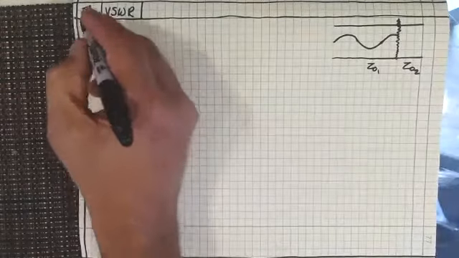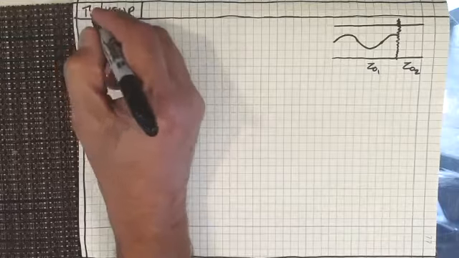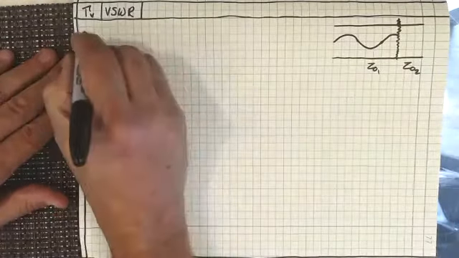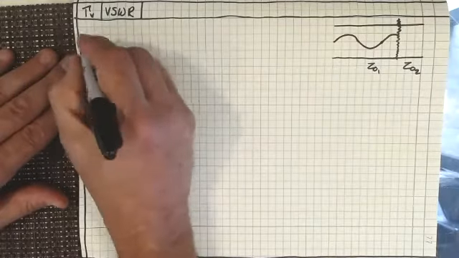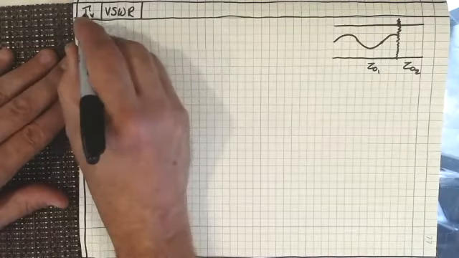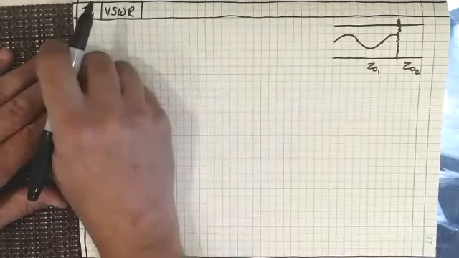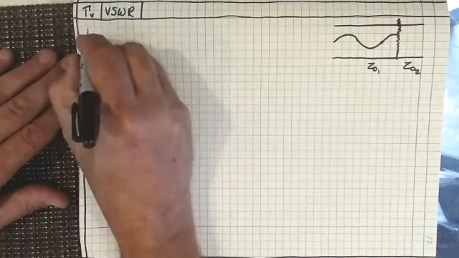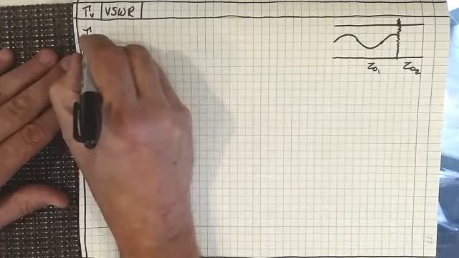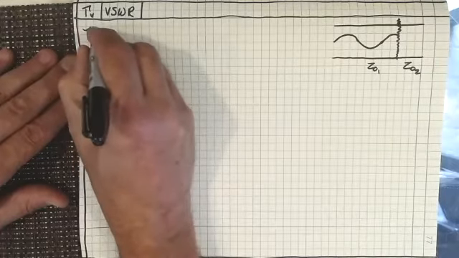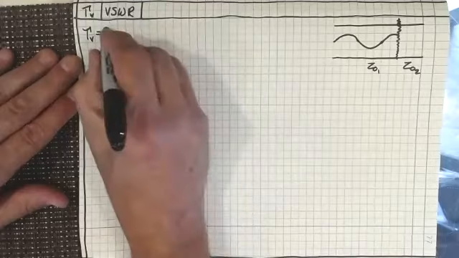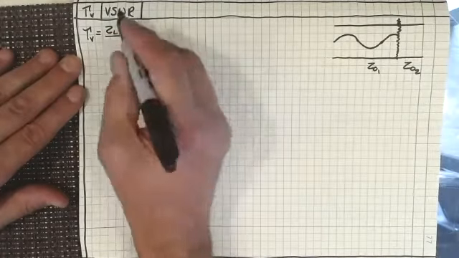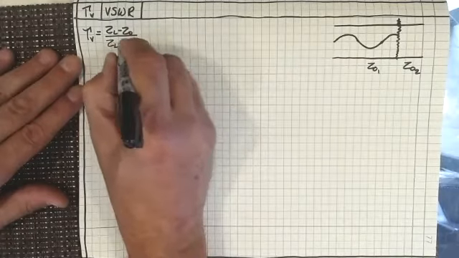And of course, we can figure out what that is, as I mentioned before, both for the current and for the voltage. And of course, the current and the voltage reflection coefficient are 180 degrees out of phase. If you remember the example that I did the last time, I said that the voltage reflection coefficient is going to be Z sub L minus Z sub 0 divided by Z sub L plus Z sub 0.